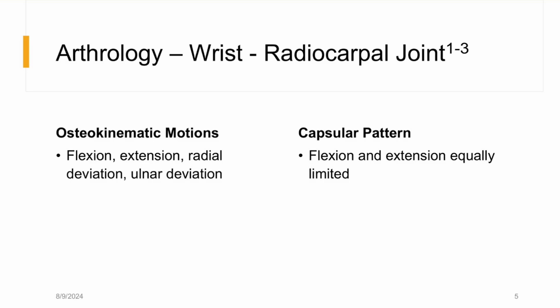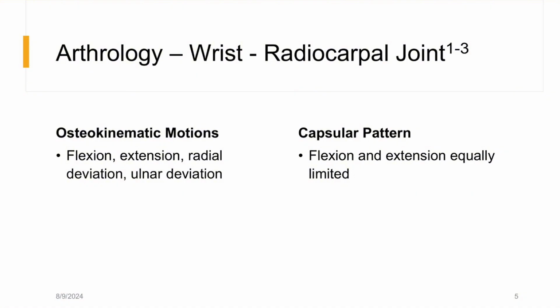Now, when we talk about the capsular pattern, when does the capsular pattern of restriction present itself? So someone says arthritis or something. That is so. Anytime someone has involvement of the joint articulating surfaces, that's when one typically presents with a capsular pattern.